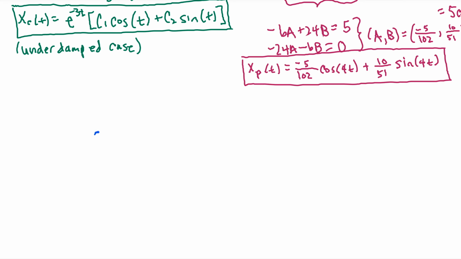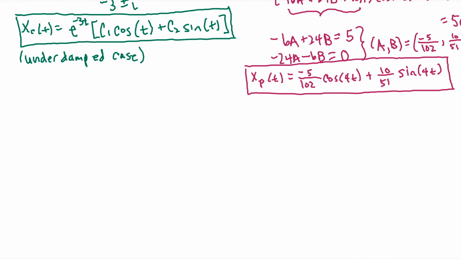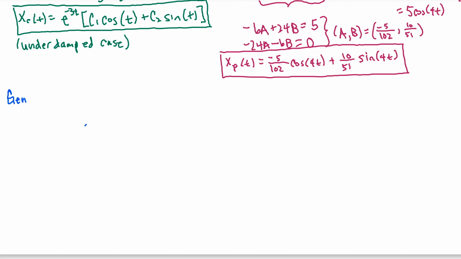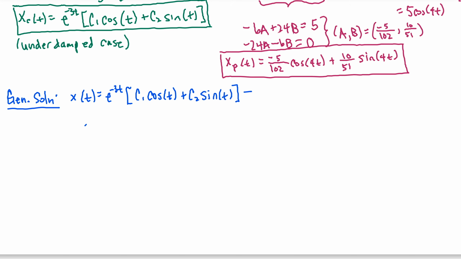Putting our two solutions together, we can obtain our general solution. And this will be x of t equals e to the negative 3t times c sub 1 cosine of t plus c sub 2 sine of t, plus our particular term, that's negative 5 over 102 cosine of 4t plus 10 over 51 sine of 4t.